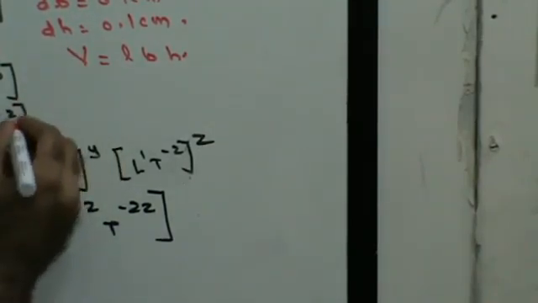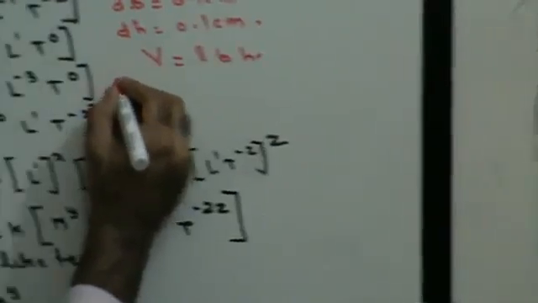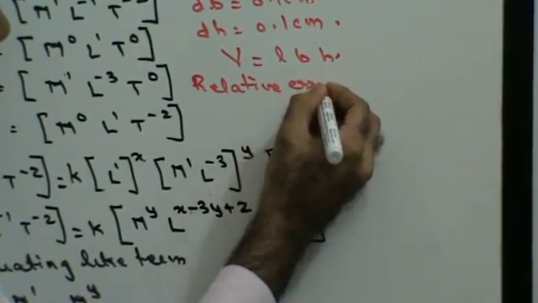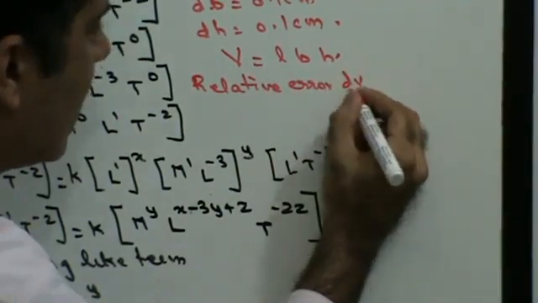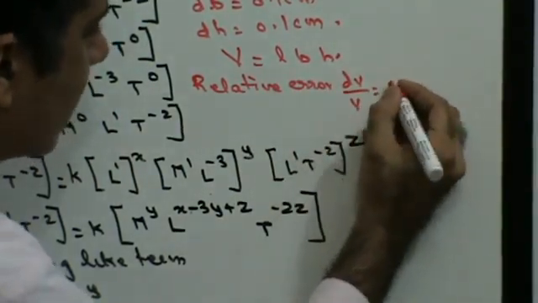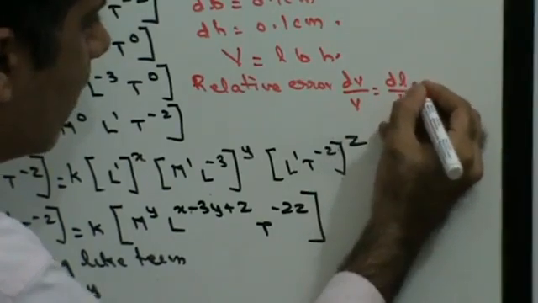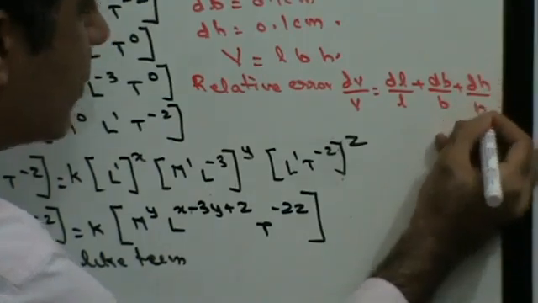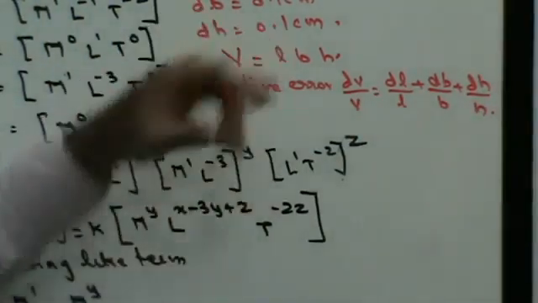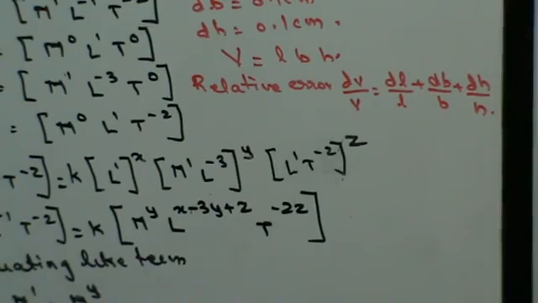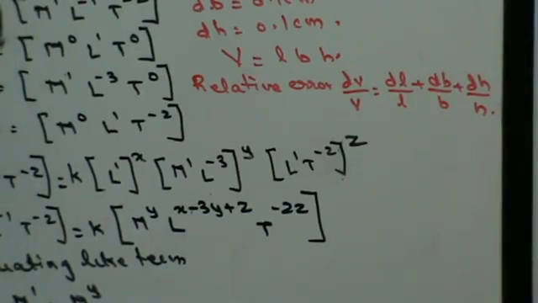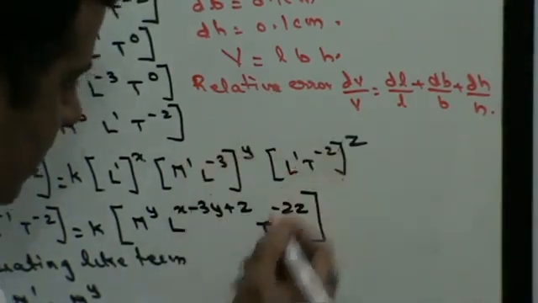So therefore I can say that relative error dV by V is nothing but dL by L plus dB by B plus dH by H. You have all the values, you can substitute and get your answer. I have to find out percentage error.